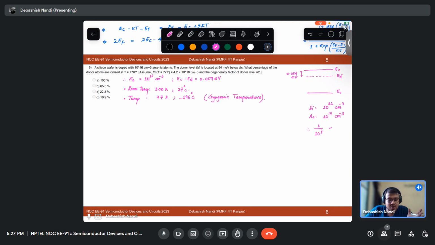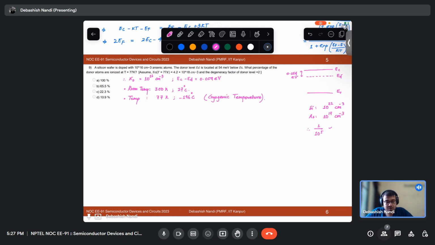The first thing that should come to your mind is that mobility will be a factor, right? Mobility will increase at low temperature. If you remember the mobility curve, the vibration of the atoms will be very small, and also from the impurity ionization point of view, mobility will be comparatively higher than at room temperature. So there are various applications.